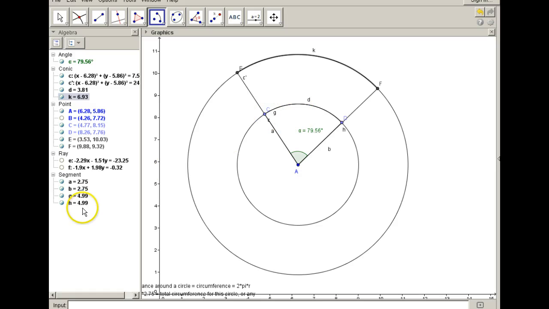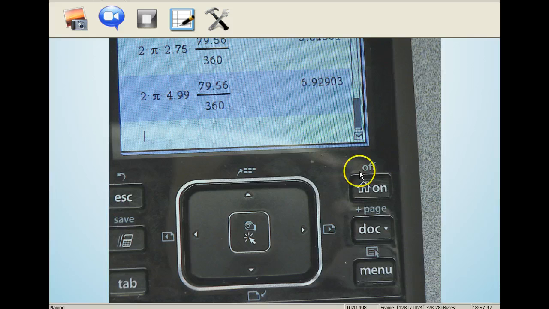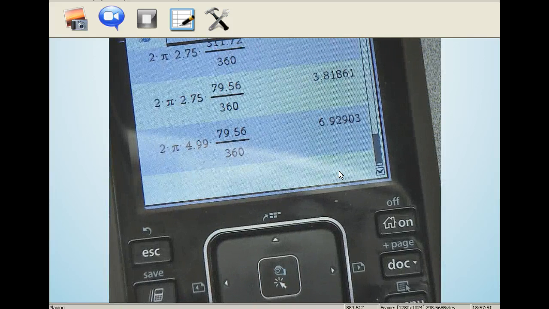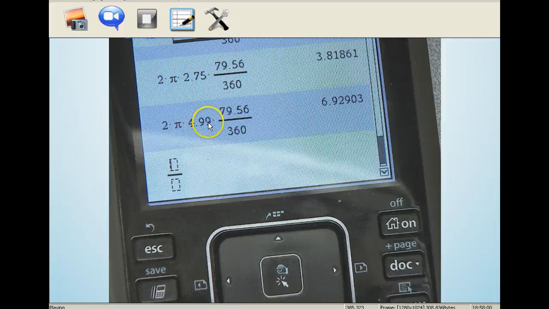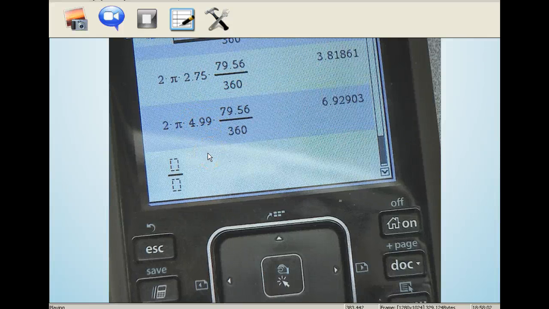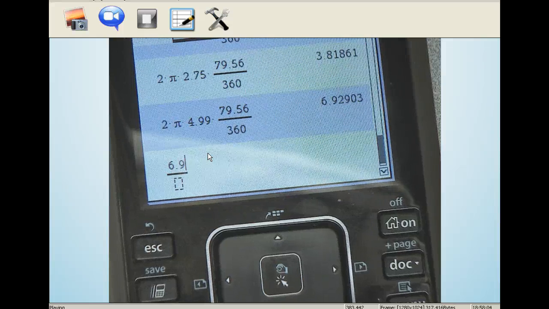Let's try writing the ratio. I want you to see this. Control divide. Let's put the ratio of the arc over the radius. Actually, you know what?